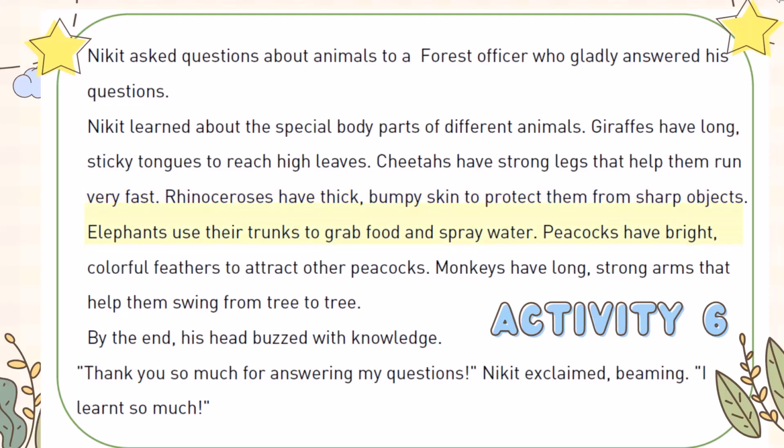Elephants use their trunks to grab food and spray water. Peacocks have bright, colorful feathers to attract other peacocks. Monkeys have long, strong arms that help them swing from tree to tree. By the end, his head buzzed with knowledge. "Thank you so much for answering my questions," Nikit exclaimed, beaming. "I learned so much."